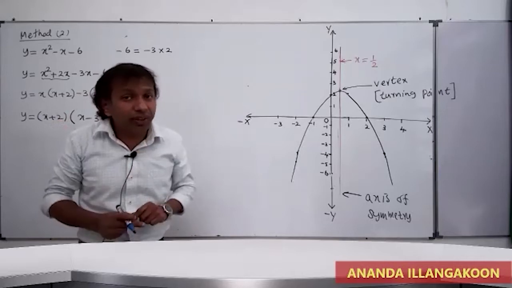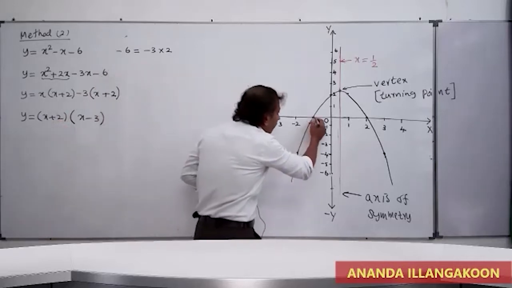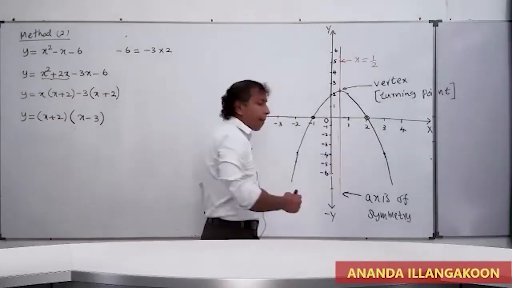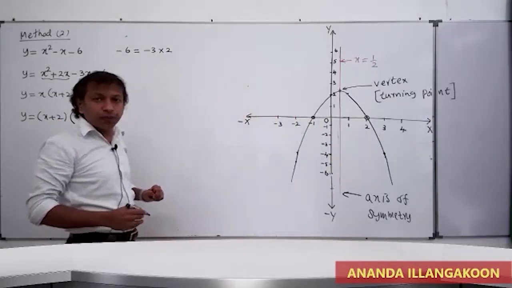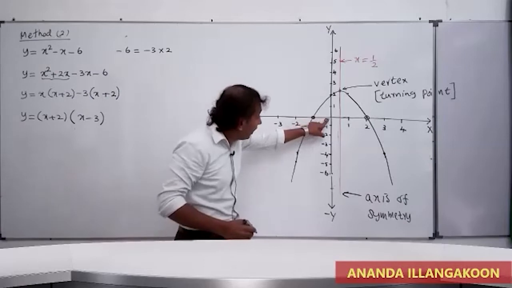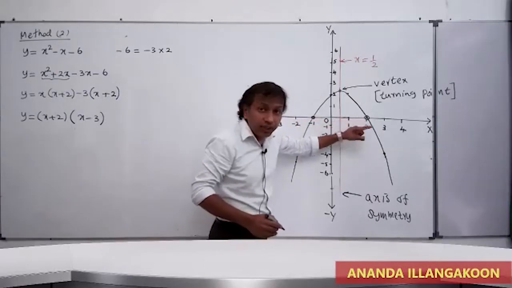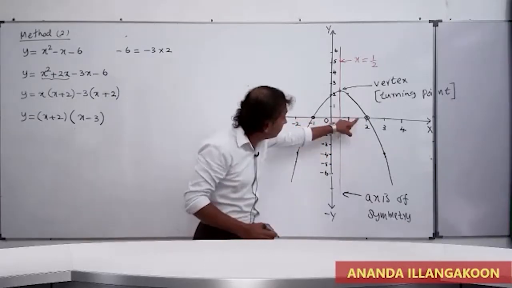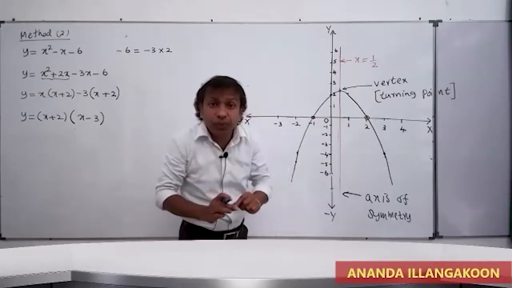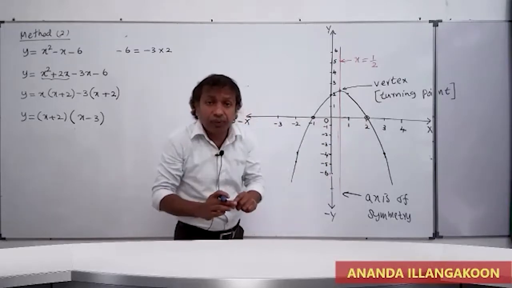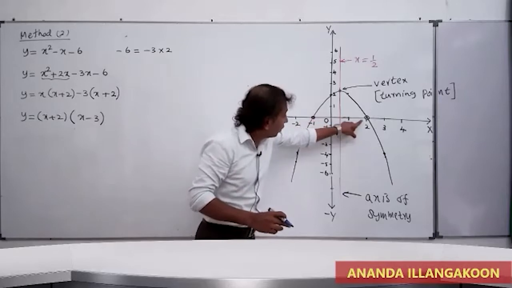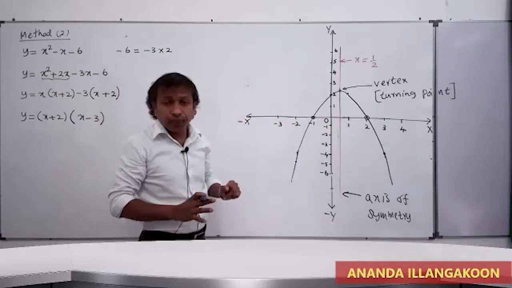People, to find the roots, roots means these x values, no? Those points lie on the x-axis. At these points, the y coordinate is 0, no? These x values are called the roots.